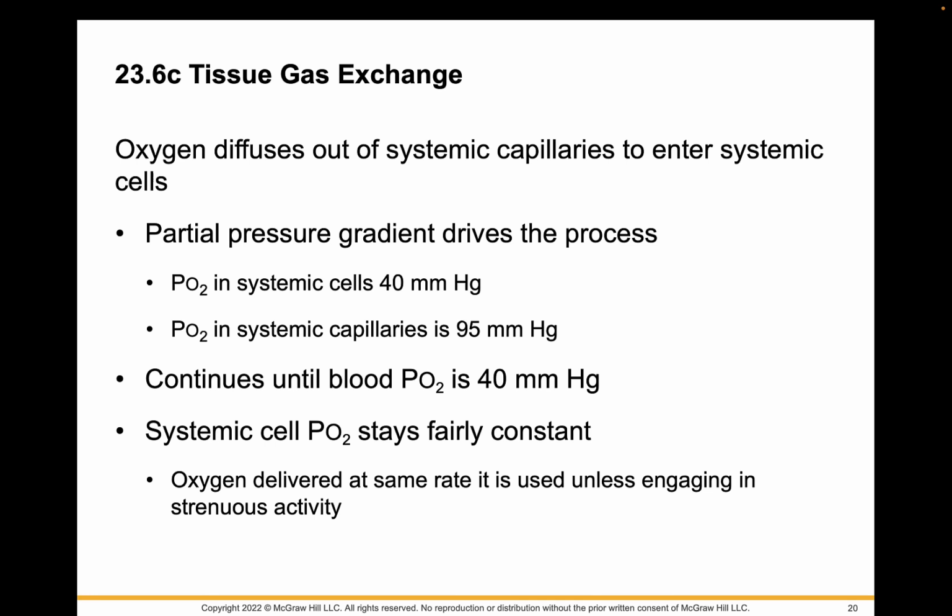And once again, this will continue until the partial pressure of oxygen in the blood is 40 millimeters of mercury. Once again, we are looking at a relatively constant systemic cell PO2 overall. Generally, oxygen will be delivered at the same rate it is used, unless we're looking at a situation which involves strenuous exercise.